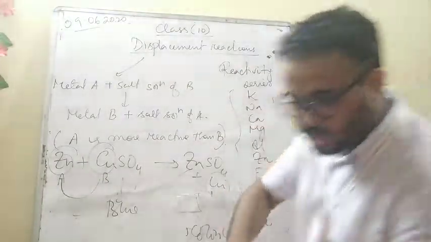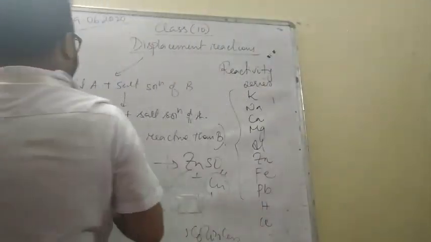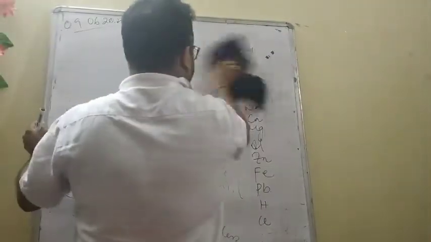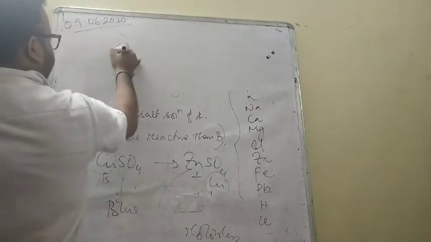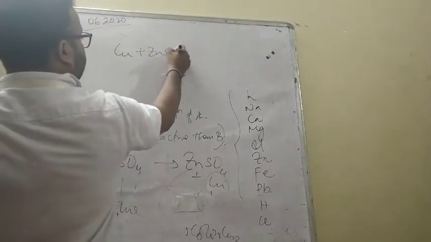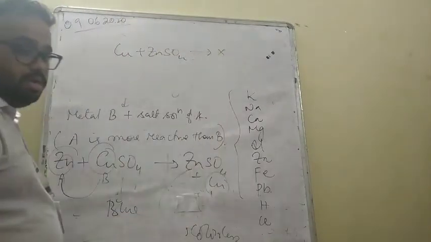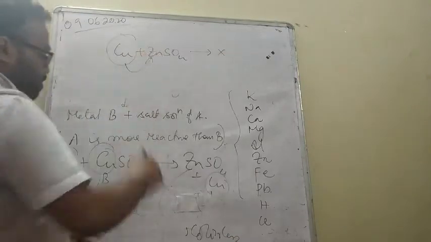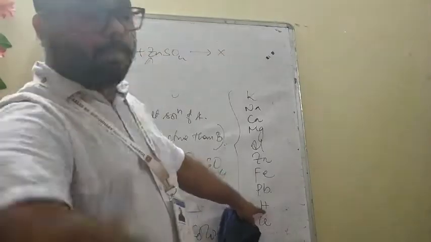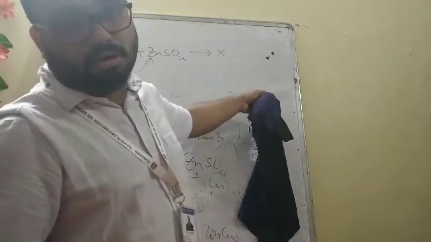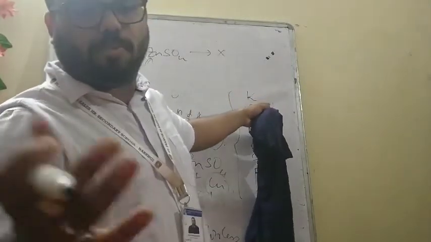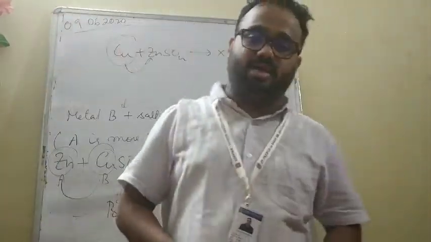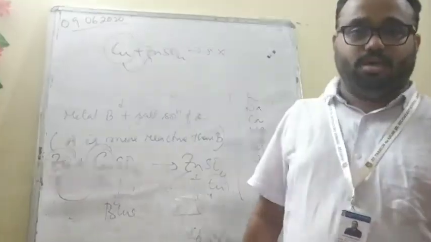If you reverse the equation and write Cu plus ZnSO4, this is not possible because copper lies below. Copper will not be able to replace zinc because copper is less reactive than zinc. Clear?